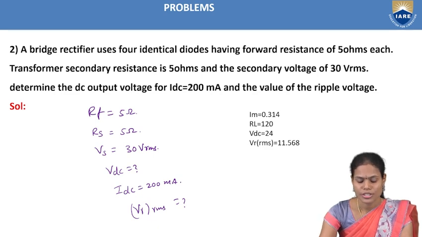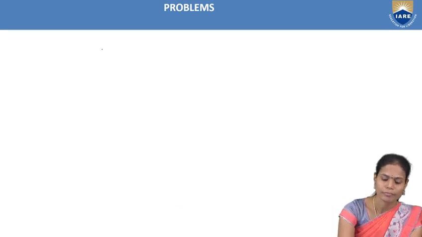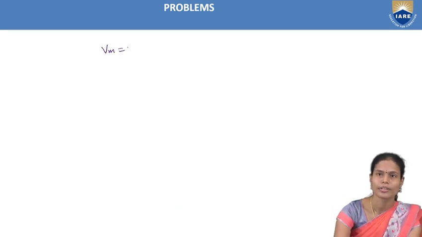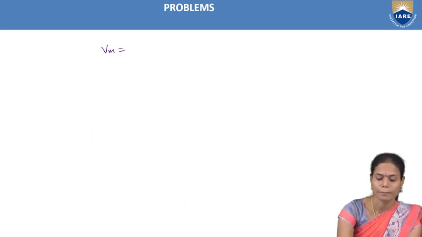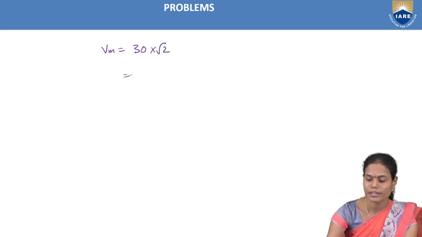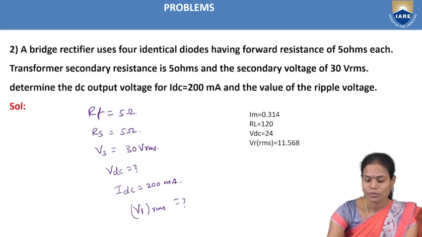So here first we need to find the Im value to find the VDC value. To find Im, first we require Vm. They have given it as 30 V RMS. It is nothing but 30 into root 2, so we will get the maximum voltage.